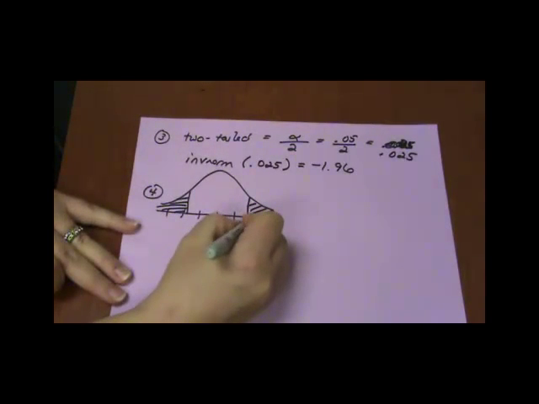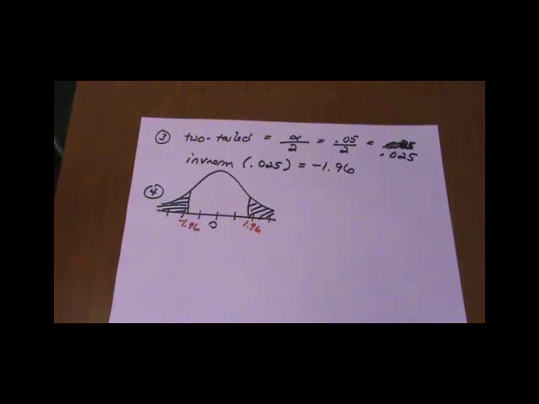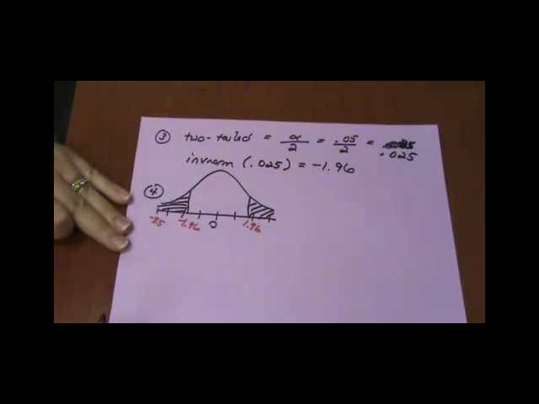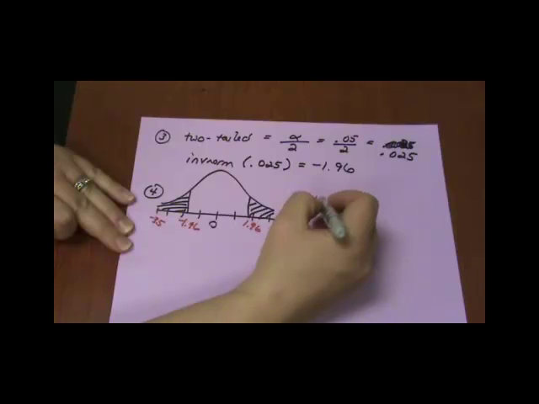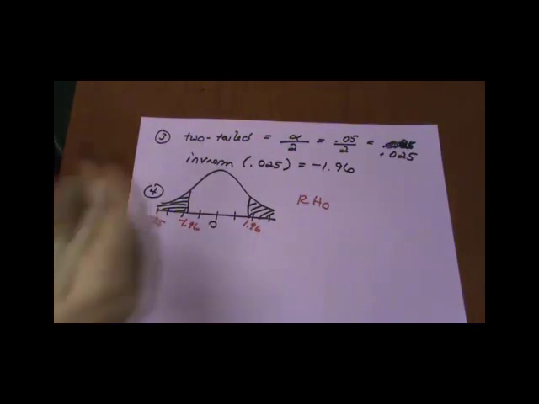Now since my test statistic was negative, I just want to see if it falls in this region. So you go back to your test statistic, which was negative 3.5, which will probably be over here somewhere. So it's definitely in one of the rejection regions. So again, we reject. That's the difference with the two-tailed test.